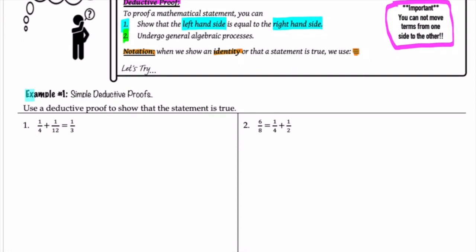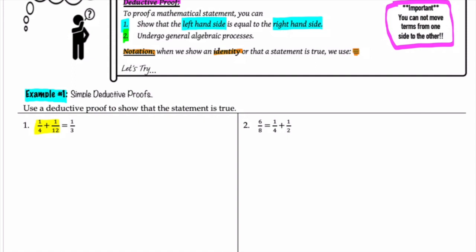Example number 1. Simple deductive proofs. Use a deductive proof to show that the statement is true. What I want to do is show that the left-hand side is equal to the right-hand side. That's my goal. So I'm going to work with the left-hand side, and use some math processes along the way.